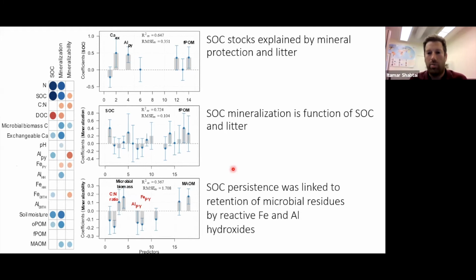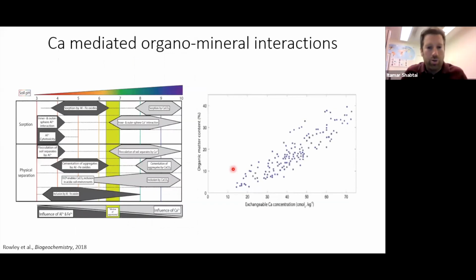So moving on to the next project, here we specifically wanted to look at the role of calcium in this story. And this has been a focus in the community for some recent years.